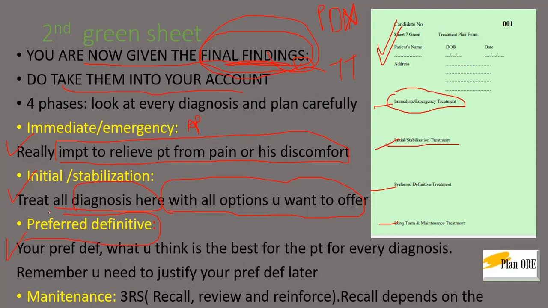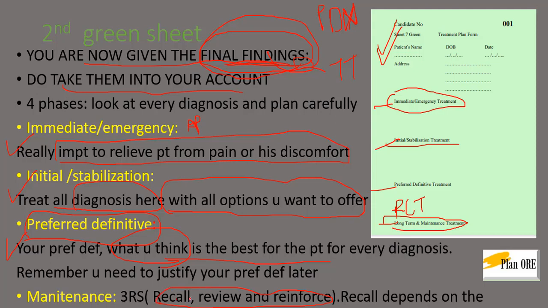The third phase is the preferred definitive, where you will write what is best for the patient in what you think. So if I think root canal is a better treatment, I would write that in the preferred definitive. And finally is the maintenance phase, where you would mention the 3 R's, that is the recall, review and reinforce.